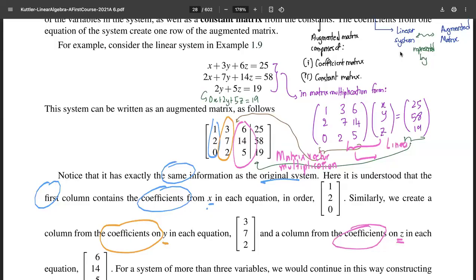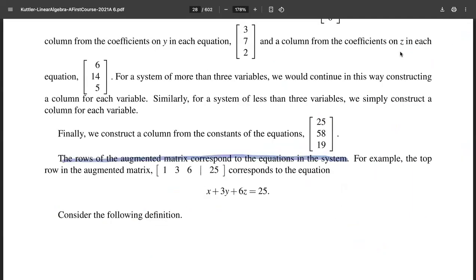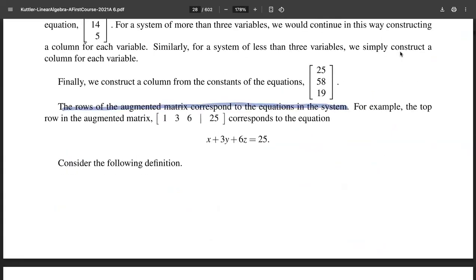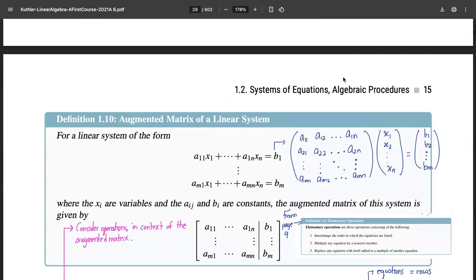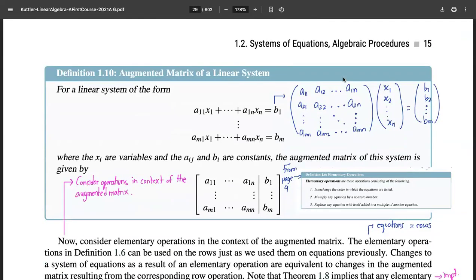Okay. So like I mentioned earlier, the rows of the augmented matrix correspond to an equation from a system, and this is just generalizing what we did earlier on. Earlier on, we had three variables and three equations. I also showed you my own example, which had two equations and two variables.